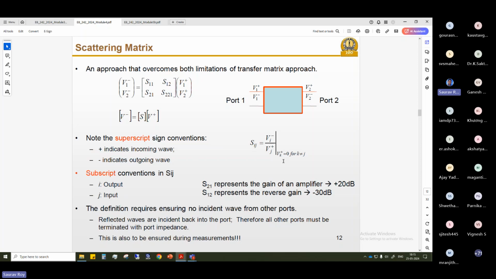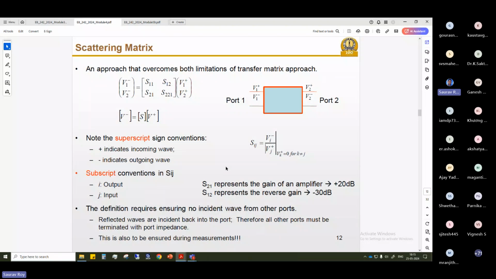That is what we want to stop. We want to stop the reflection. That's why we want to make S11 below minus 10 dB or minus 20 dB, so it is very close to 0. And S21 we want to maximize, so that whatever voltage we give at port 1, the whole power will be transmitted to port 2. We want to maximize S21.